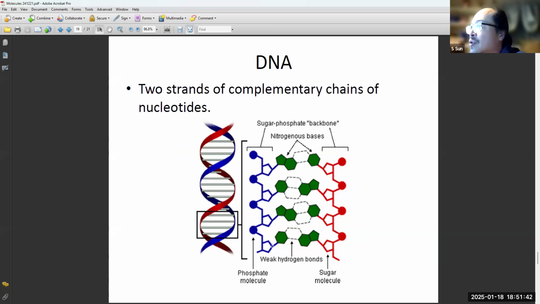You have two strings with complementary pairing. These two strings form a structure, and this is what we have with DNA. So DNA is a polymer of nucleotides. It is a double string, with complementary pairing of these nucleotides. So that's DNA.